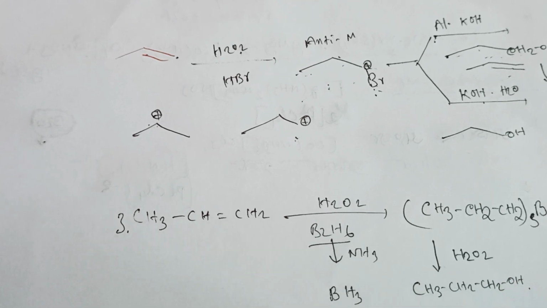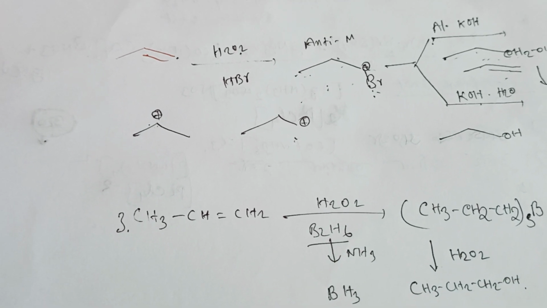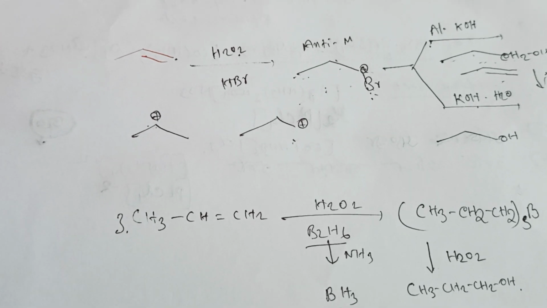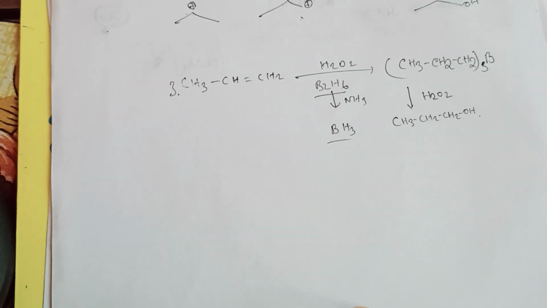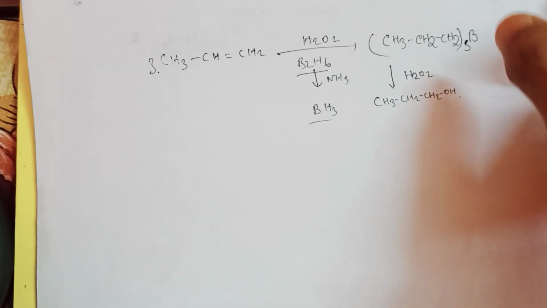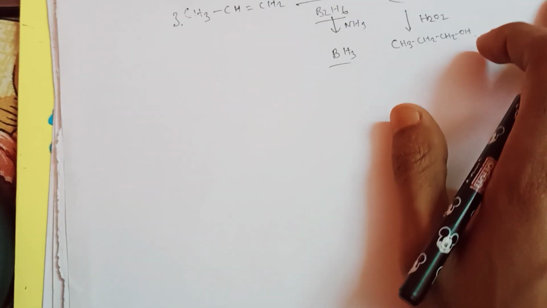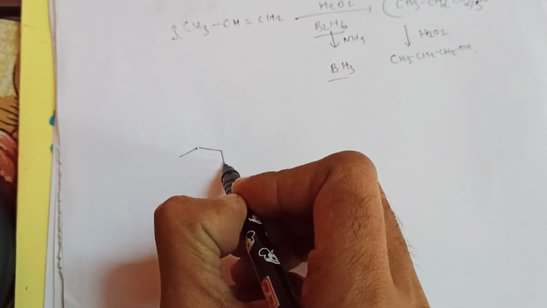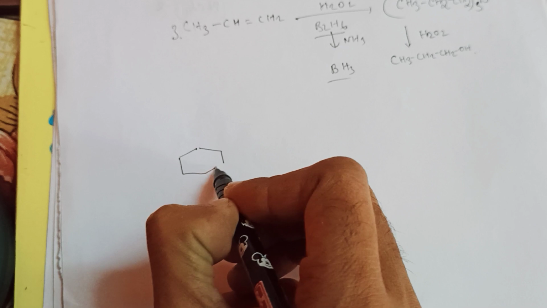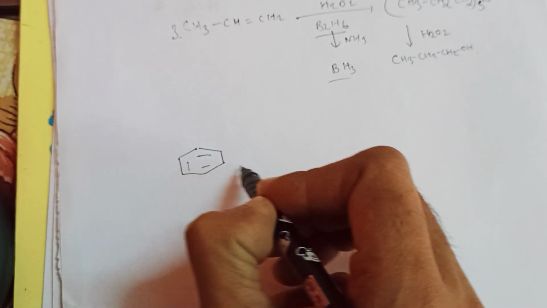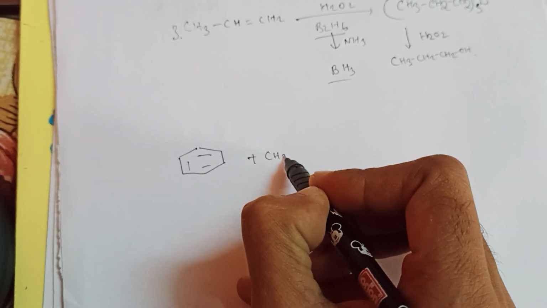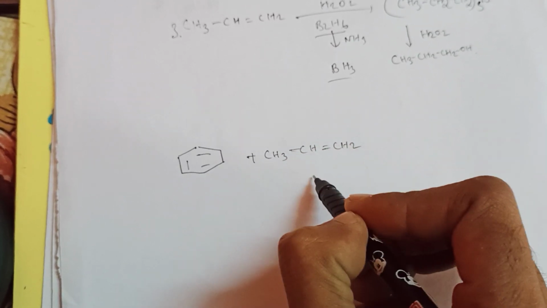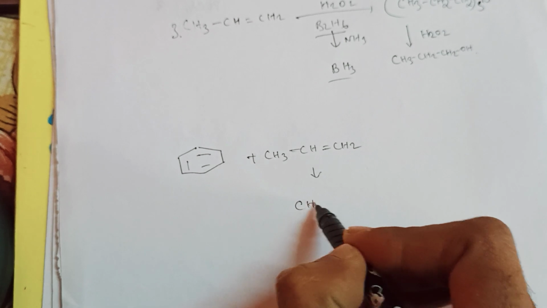Now I will discuss the next reaction, that is the cumene reaction. In this reaction we form cumene from benzene and the isopropyl group CH3CH=CH2, and it forms a 2 degree carbocation.